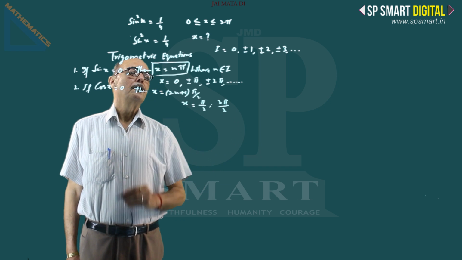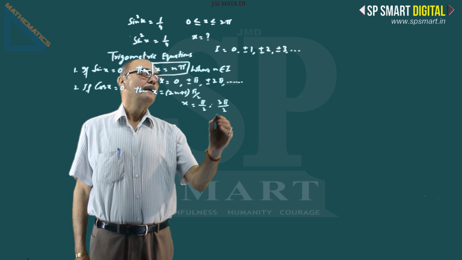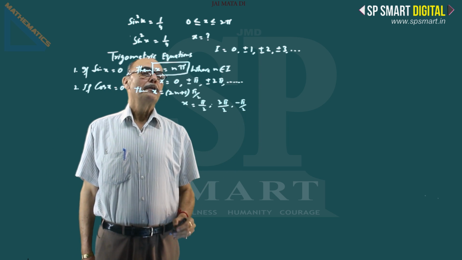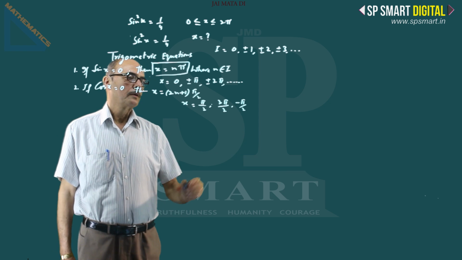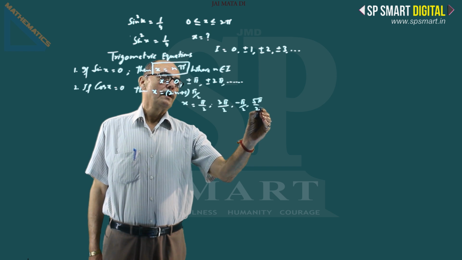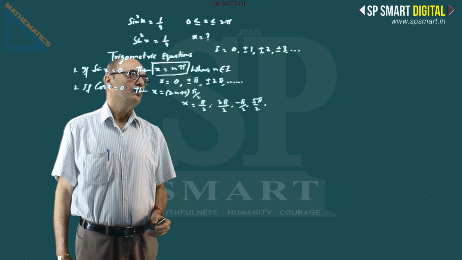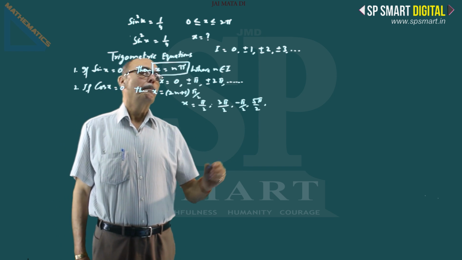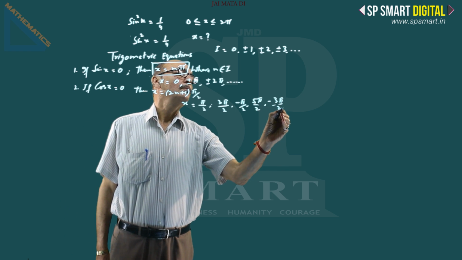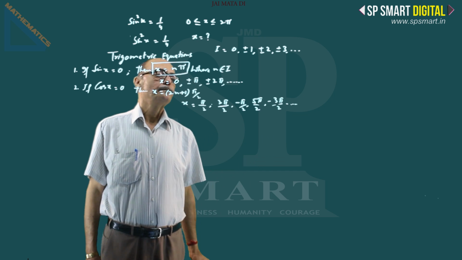If it is minus 1, it is minus pi by 2. If we put 2, this is 5 pi by 2. If we put n equal to minus 2, it will be minus 3 pi by 2 and so on.